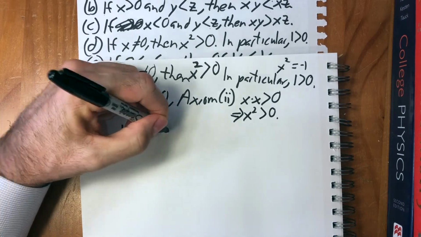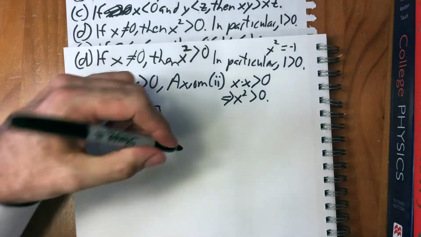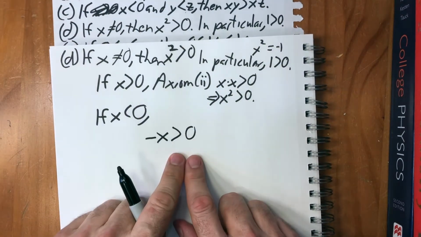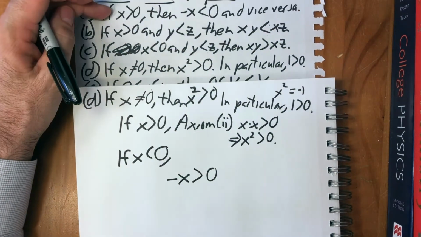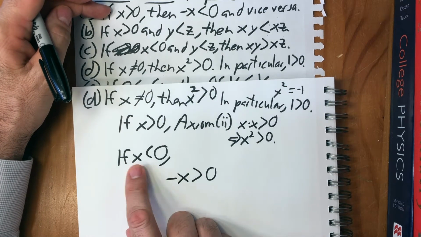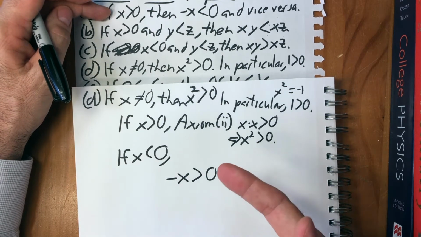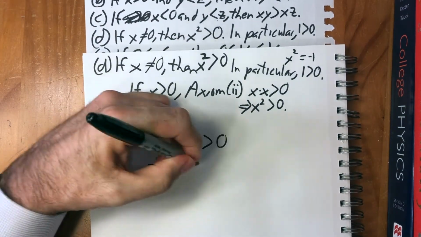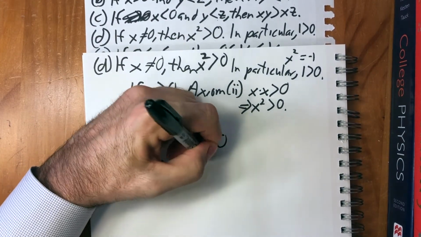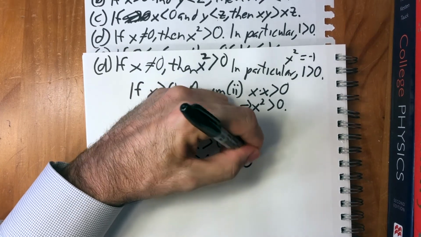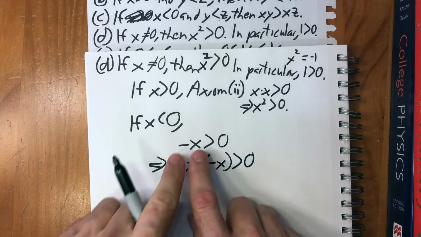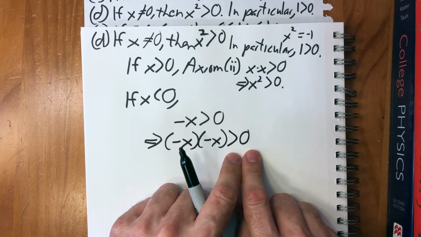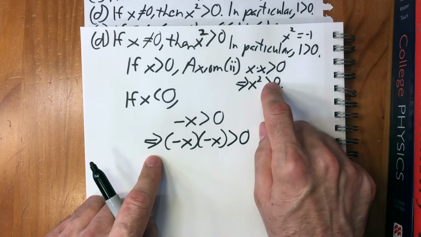If x is less than 0, then we have that minus x is greater than 0. That is the first thing we proved, that if a number is less than 0, then its opposite is greater than 0. Therefore, now this is what we just showed, right? If this is greater than 0, then if you square it, minus x times minus x is going to be greater than 0. That's axiom 2 again, same as up here.